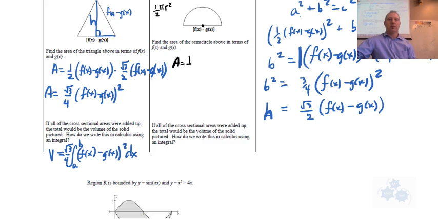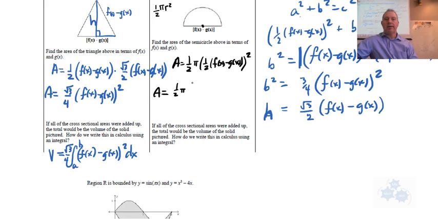So the area is going to be 1/2 pi times the radius, 1/2 f of x minus g of x, all squared.